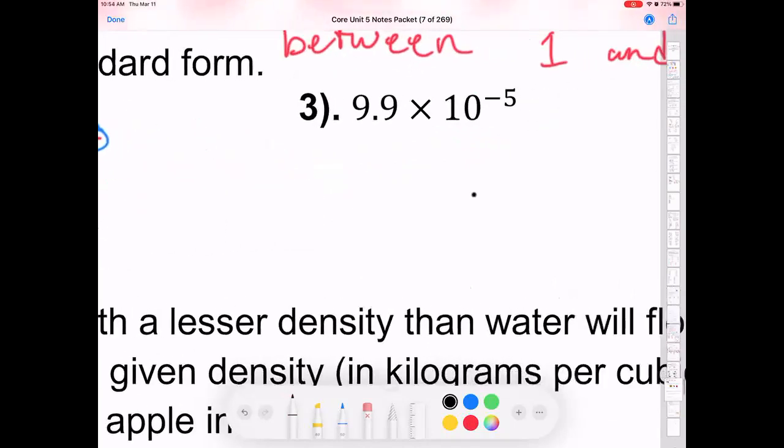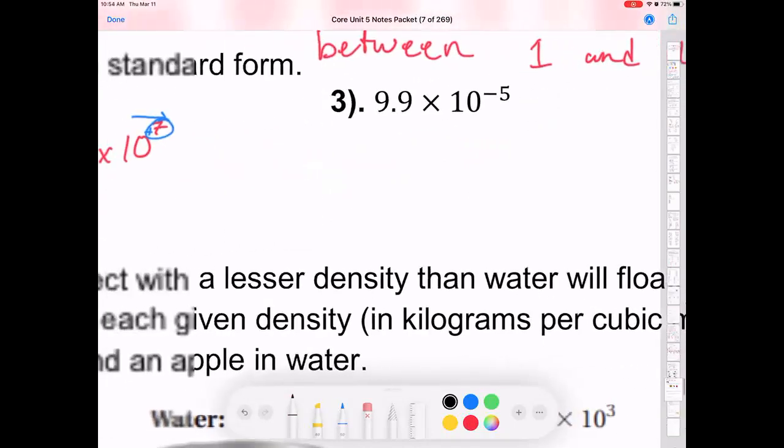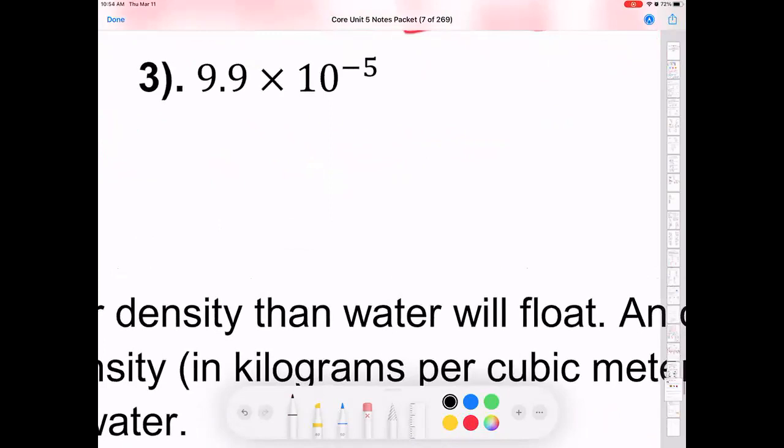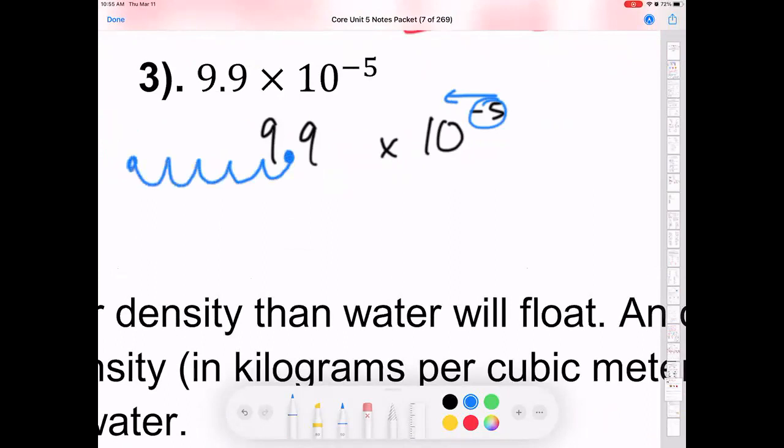Next up, 9.9 times 10 raised to the negative 5. So we have 9.9 times 10 to the negative 5th. Because we have a negative exponent there, we're going to shift this to the left 5 units. So we would take our decimal place and move it 1, 2, 3, 4, 5 decimal places.